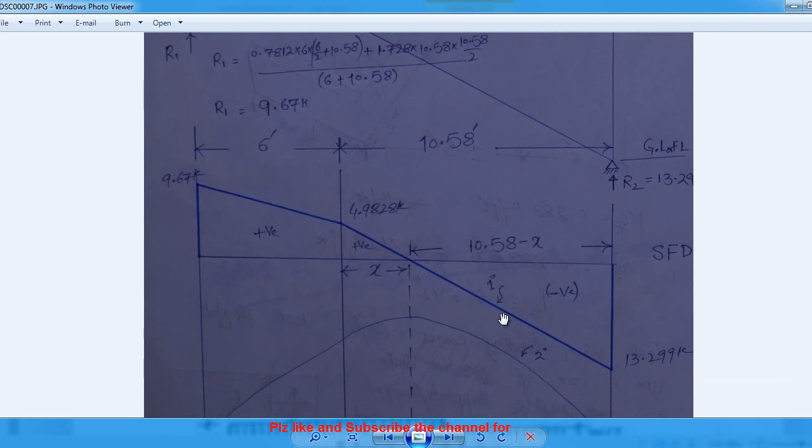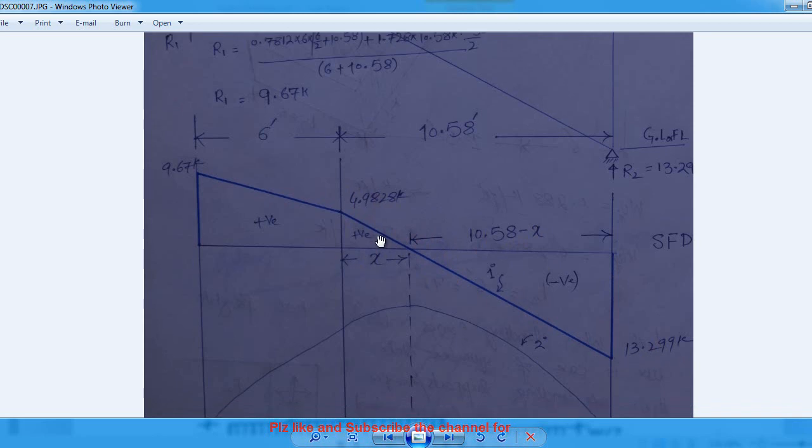Now you see this is a first degree line. These are similar triangles because one angle is common to the two triangles. So we will use the similar triangle rule: X divided by 4.98, and 10 minus X divided by this. And you got this.